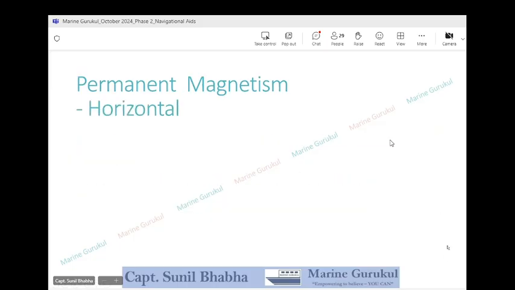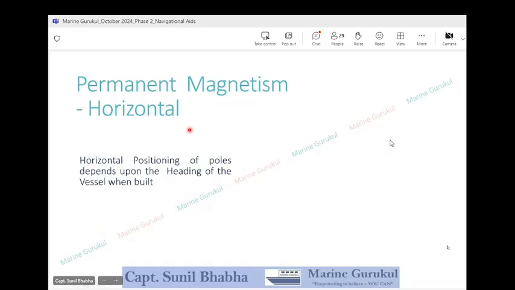Now, as I told you, this permanent magnetism is acquired both in the horizontal direction and the vertical direction. Now, let's try to understand that by making some diagrams.